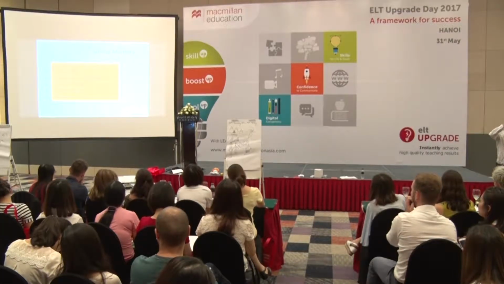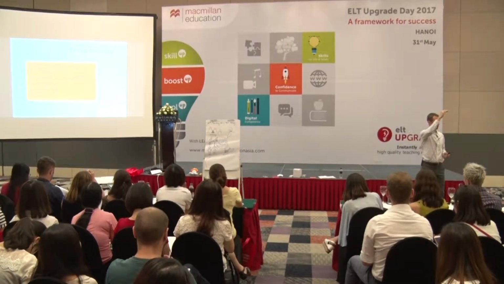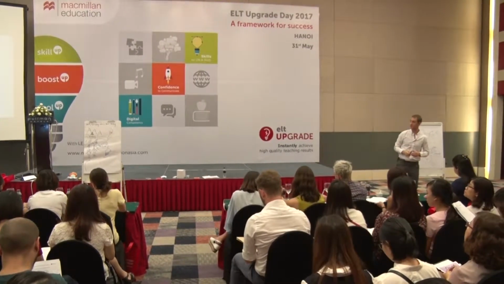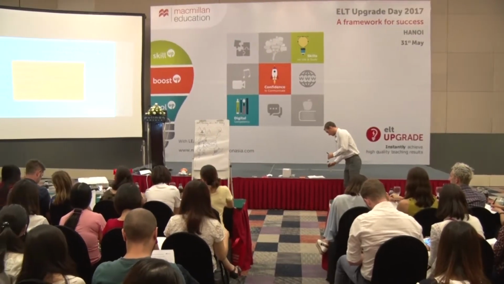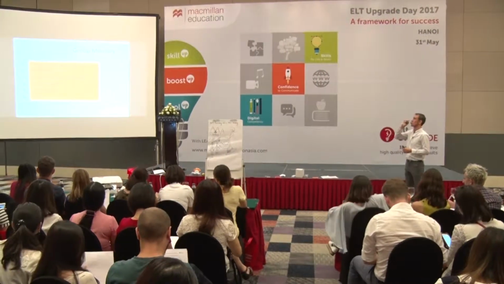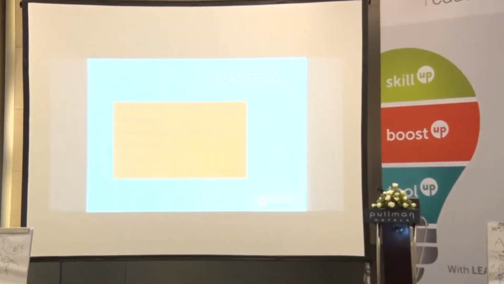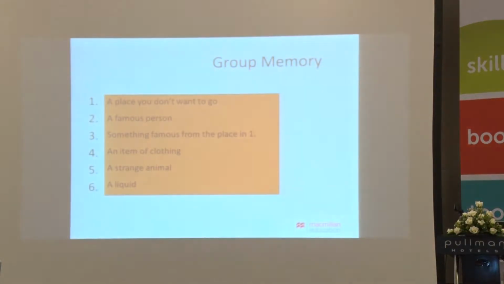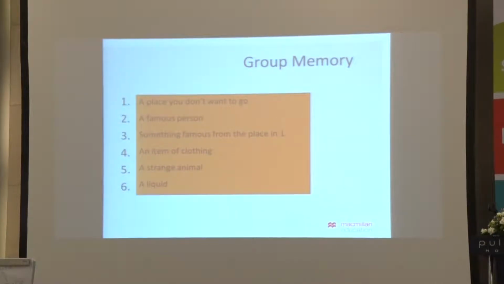So for this activity, could you, on a blank piece of paper, write down 1, 2, 3, 4, 5, 6. Once you've done that, can you write one word for each number? Number 1, a place you don't want to go.